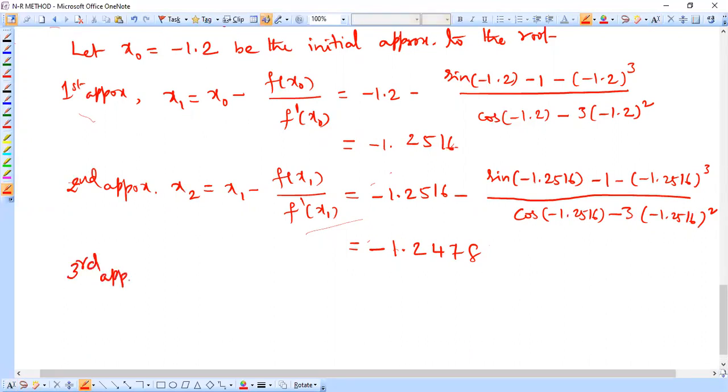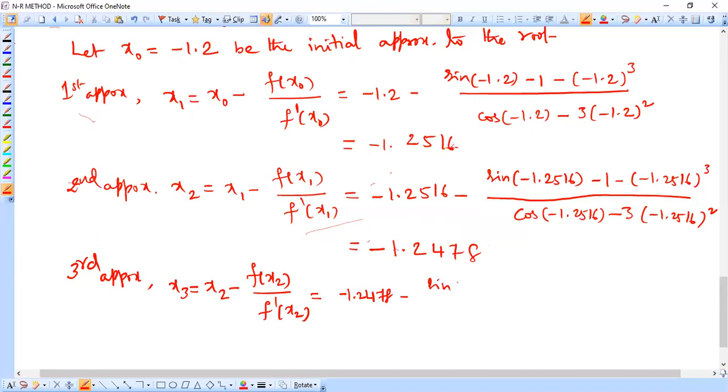Third approximation. So in the third approximation, I'm once again writing the formula: x3 is equal to x2 minus f of x2 by f dash of x2. Okay, and this is equal to minus 1.2478. The same thing I'm doing once again.